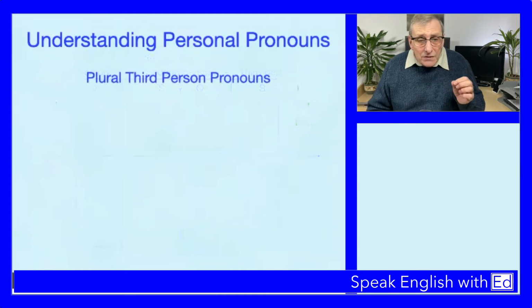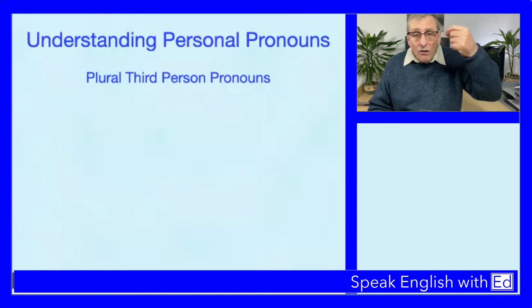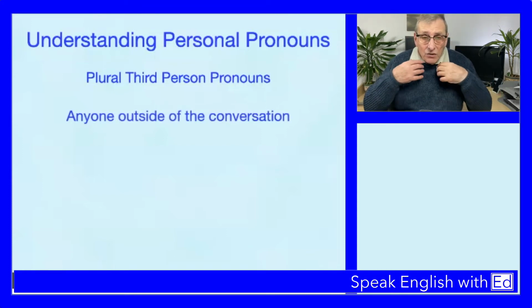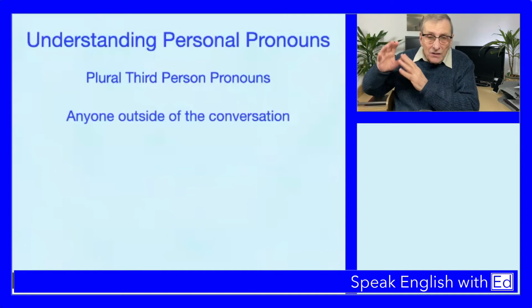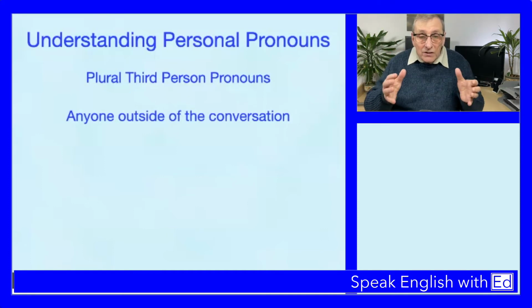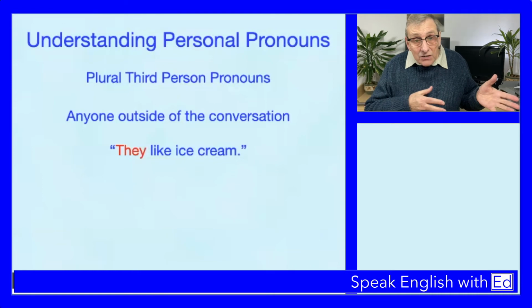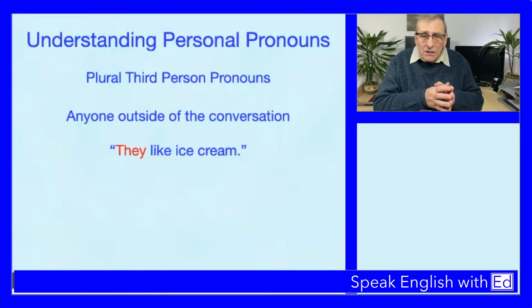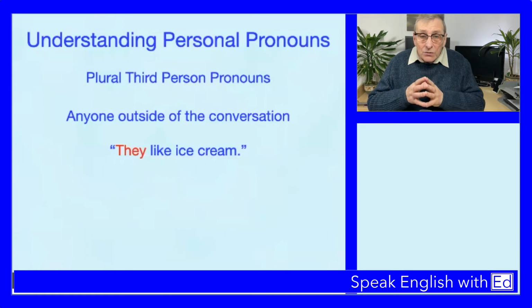For third person, now we're talking about someone who's not part of the conversation. It's not the speaker and it's not the listener. It's somebody else that they're speaking about, somebody that's not present, right? So here, once you've established who you're speaking to, of course, you always establish with the noun and the name of the person before you start using pronouns.